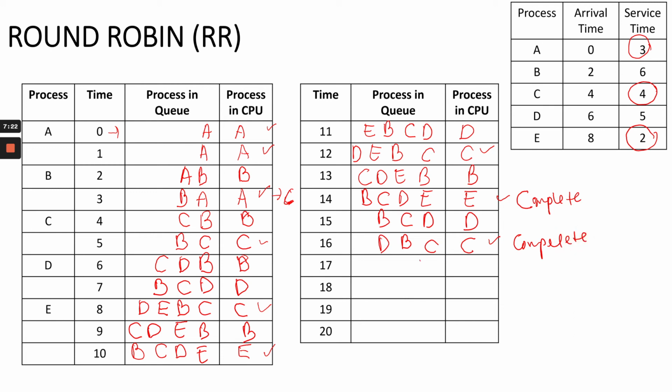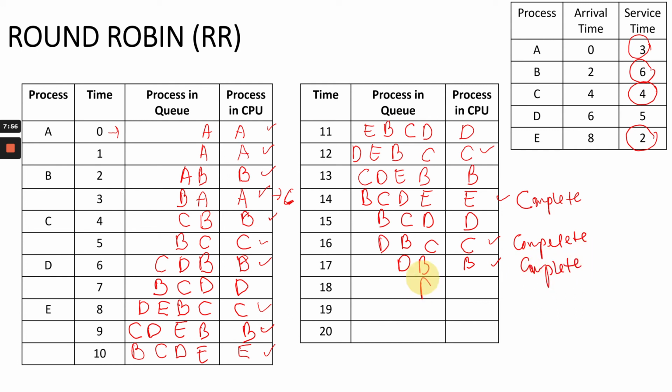Then we have the remaining B and D. The completed process you cannot include in the queue anymore because it has been terminated. Process B has reached its service time, 1, 2, 3, 4, 5, 6, so process B is complete.